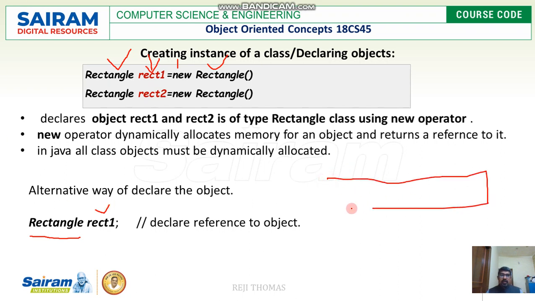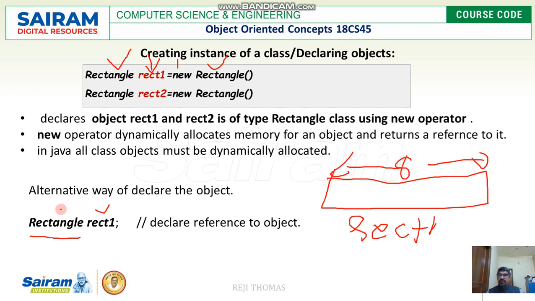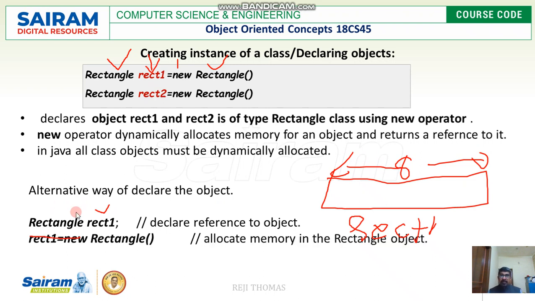Your system will not allocate any space. Normally, I told you rect1 is going to get 8 bytes of space, but if you write only the first statement like this, no memory will be allocated for this. Once you have done the first statement, you have to write again rect1 is equal to new Rectangle. When we write the second statement, your system is going to allocate 8 bytes for your rect1.